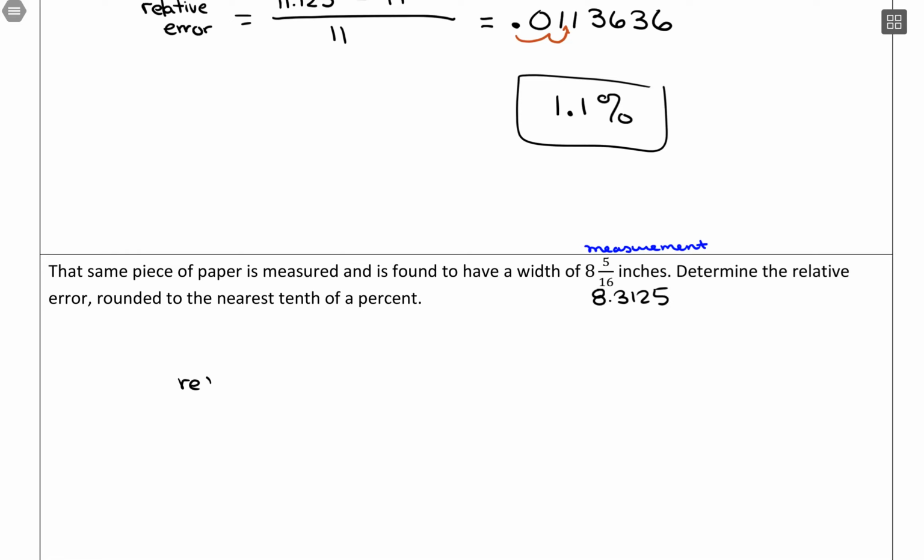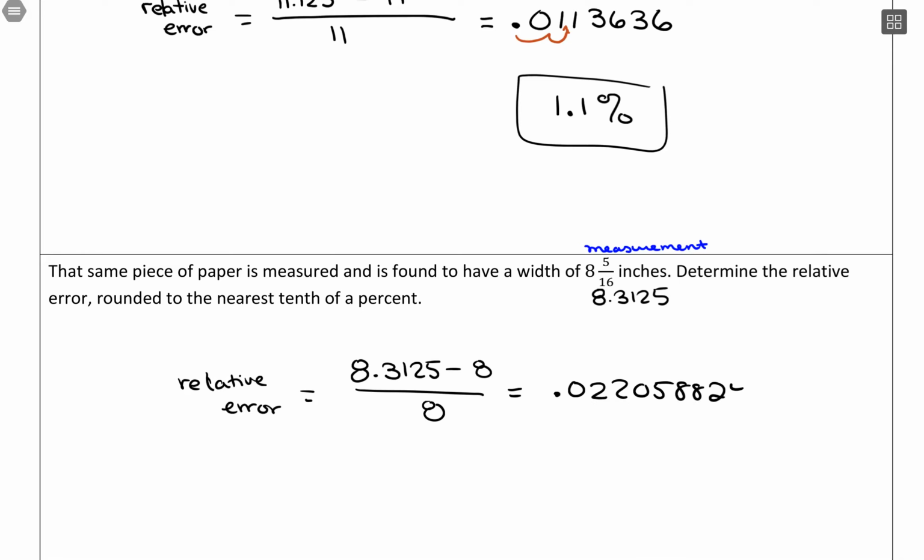So to get relative error, we take the measurement minus the expected, divided by expected. In terms of a decimal, that will be 0.0 something. I'm just going to write some numbers down from the calculator, and we're going to move our decimal over, 1, 2. Then we're rounding to the nearest tenth of a percent, so this will be 2.2%.